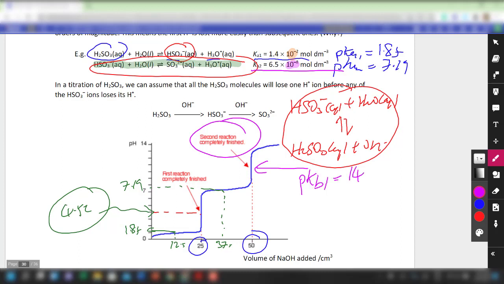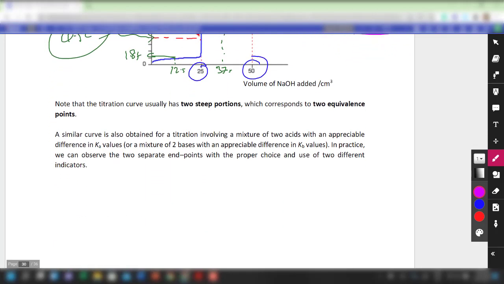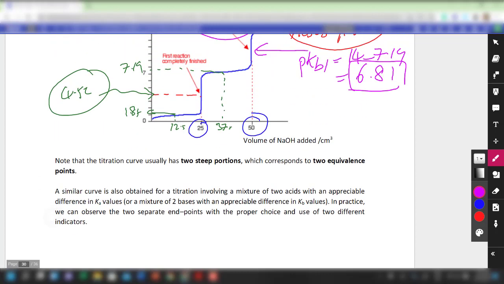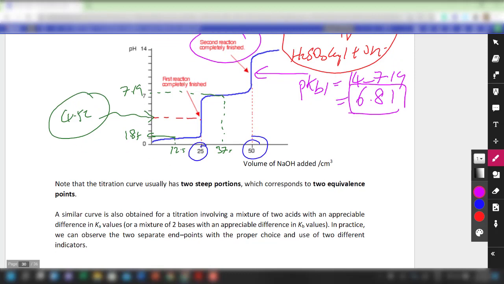Essentially it is 14 minus 7.19, which is 6.81. So make sure you choose the correct pKb1. If you choose the other one, then you won't be able to get the correct answer. Okay, so I hope that is clear cut for you. I think I've mentioned a little bit more than what you need to know. So you can just read through the rest of the notes.